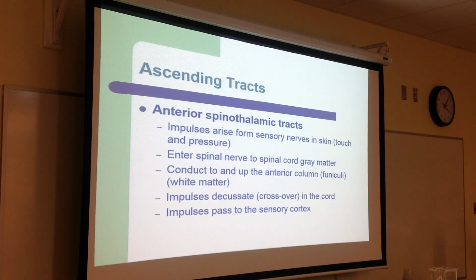The thalamus can't localize where things are happening, but it can register a vague sense. So you would know that something's touching you somewhere on the body, but you really don't know where or what, if that third neuron were damaged or destroyed.